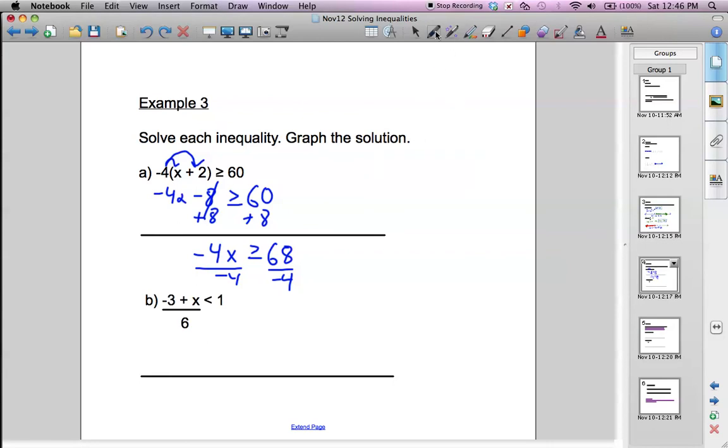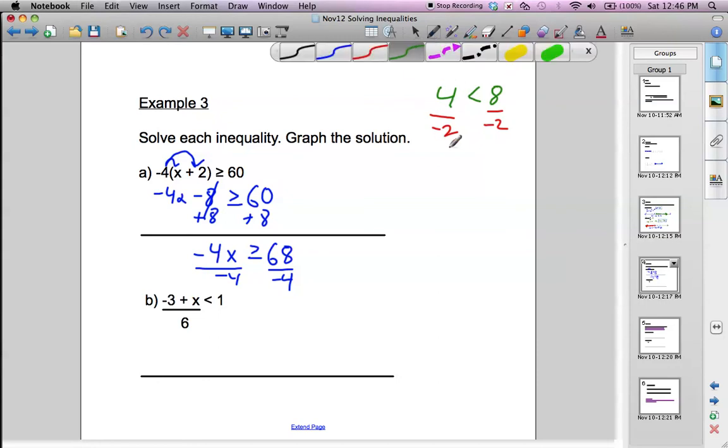Let's take a look at a different example here off on the side. Let's say we've got the statement 4 is less than 8. Of course that's true. Let's see what happens when we divide both sides by negative 2. If we divide both sides by negative 2, we get negative 2 is less than negative 4.